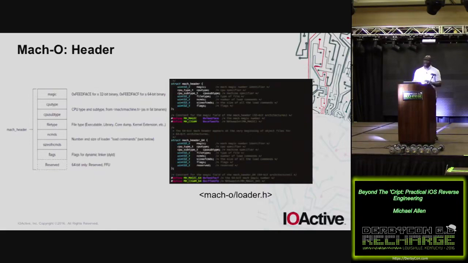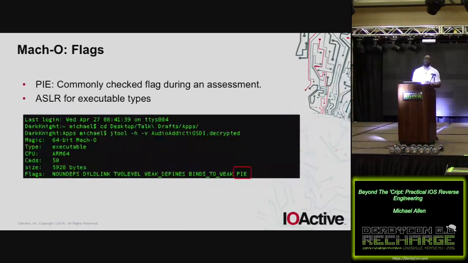And then there are a number of flags. Incidentally, some of these flags are what you would check for during an assessment. So you would usually check to see if the binary was compiled using ASLR, and so you would check for the PIE flag. Using jtool, -h to dump the header, -v to increase verbosity, if there's such a word. And you dump the headers, right?